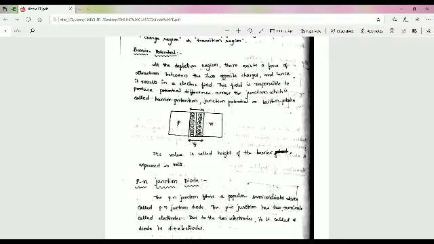Such a PN junction forms a popular electronic device called the diode. In this way, the PN junction forms a popular semiconductor device called the PN junction diode.